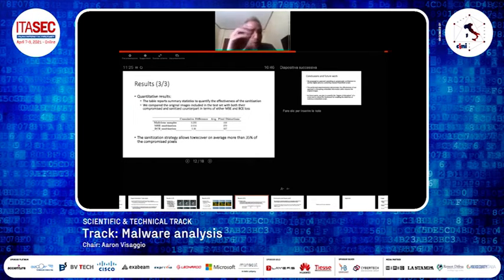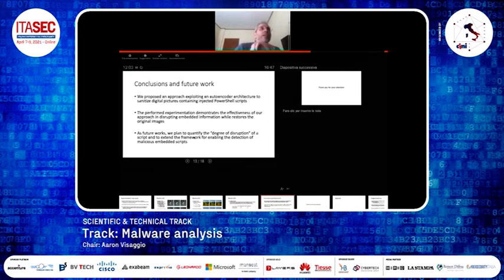Within the table, the second column represents the cumulative absolute difference on the whole test set, while the third column represents the average number of pixel distortions that can be perceived. We can see how the sanitization strategy allows us to recover on average more than 35% of the compromised pixels.